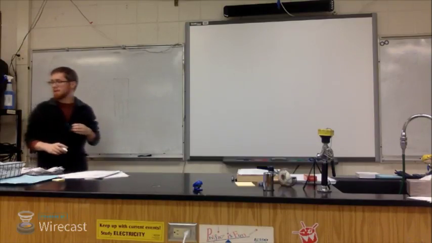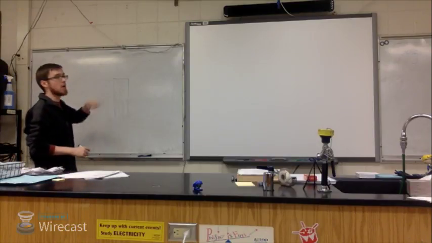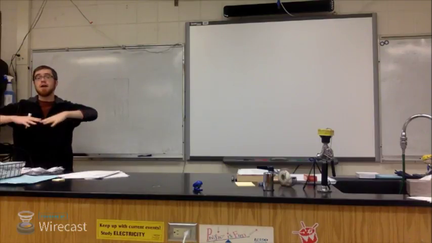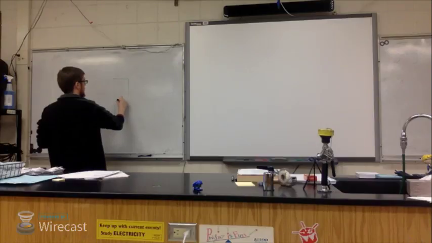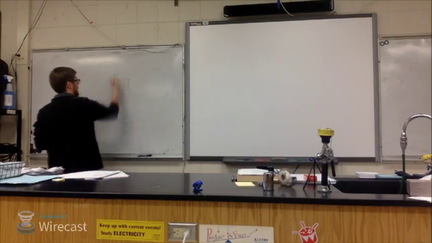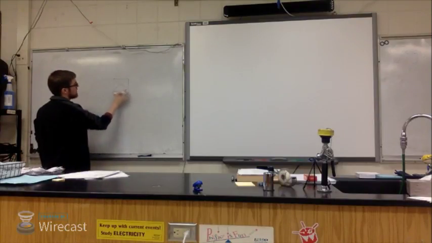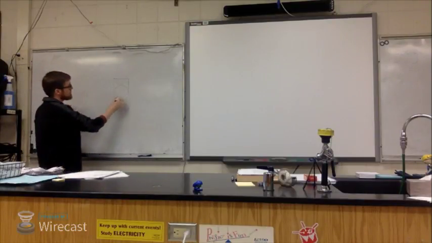My flame is going to cause the air to heat up, which is going to make that air expand. And that's going to essentially create this wave pattern. So this warm air is going to cause a wave pattern. It's going to cause the air to vibrate.